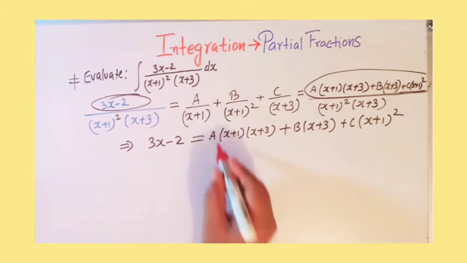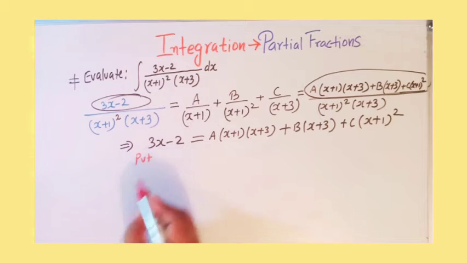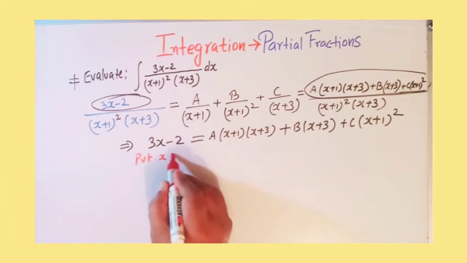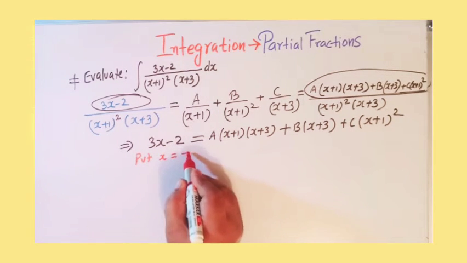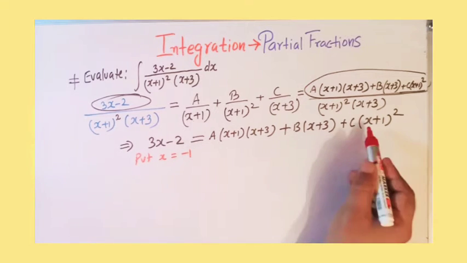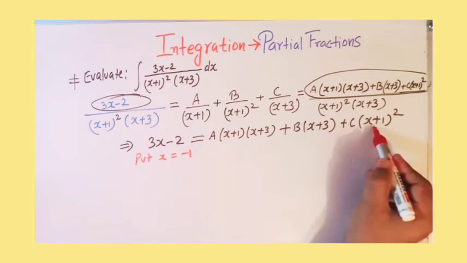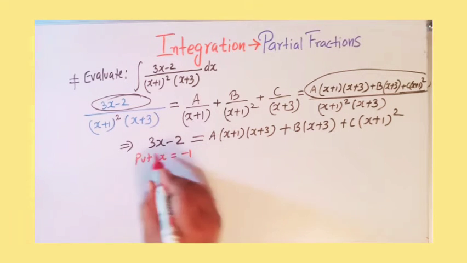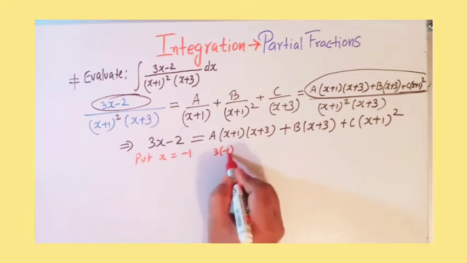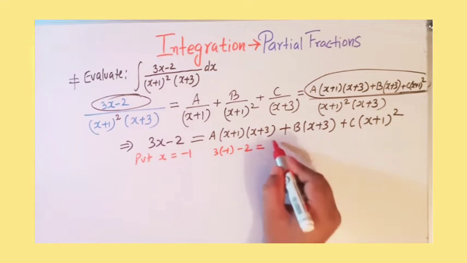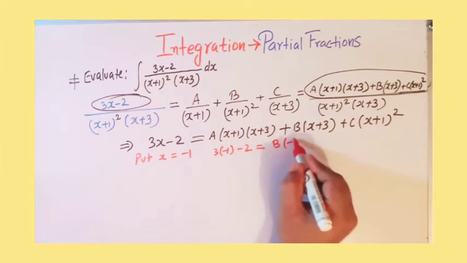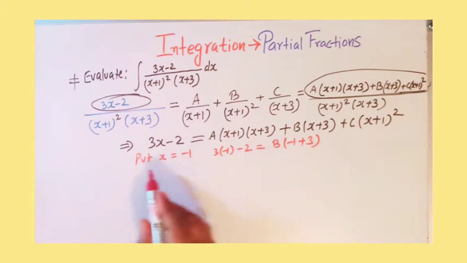So what we will do, if we take x equal to minus 1, then see this term becomes 0 and this term becomes 0, so we have 3 times of minus 1 minus 2 is equal to b times minus 1 plus 3, right?